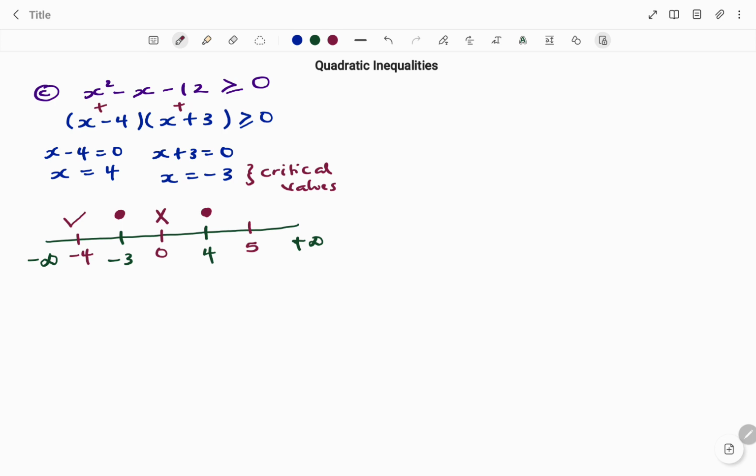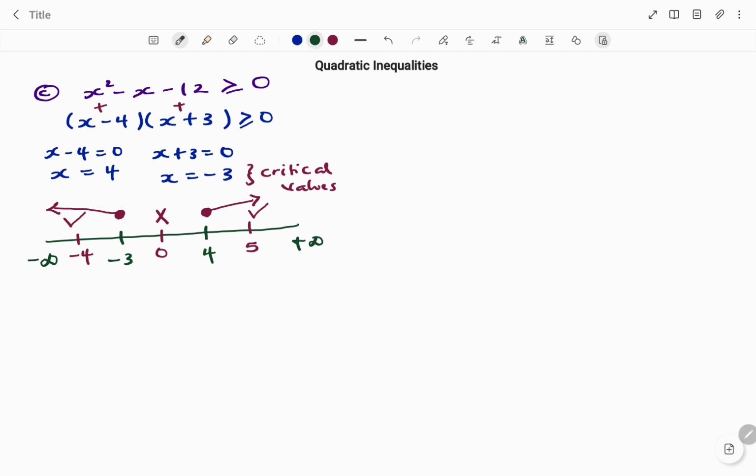So positive times positive is positive, which is a value greater than 0. So it's true in that direction, such that if I draw my arrows, I have points from -3 in the negative infinity direction and points from 4 to the positive infinity direction.